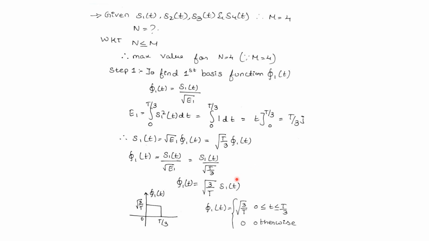So I am getting phi 1 of t, and here is the waveform for phi 1 of t. In terms of values, phi 1 of t is equal to root 3 by T for the interval 0 to T by 3 and 0 for the other values.